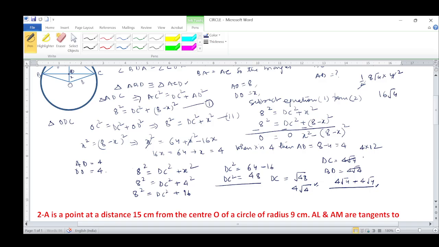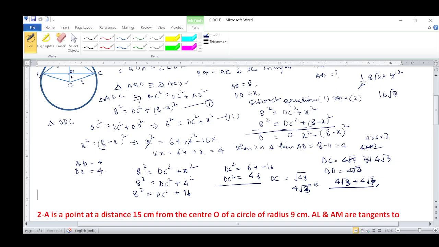So it is not, this is here wrong. 4 into 4 into 3. So it is 4 under root 3. Everywhere write down 4 under root 3. Wherever I have written, it should be 4 under root 3.